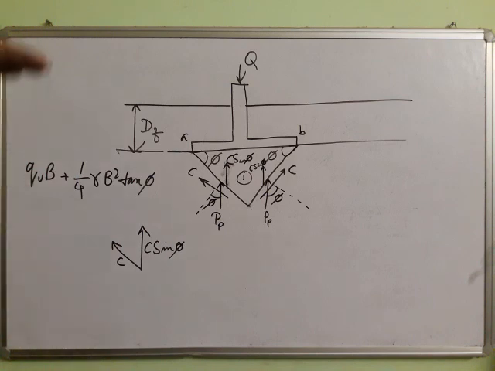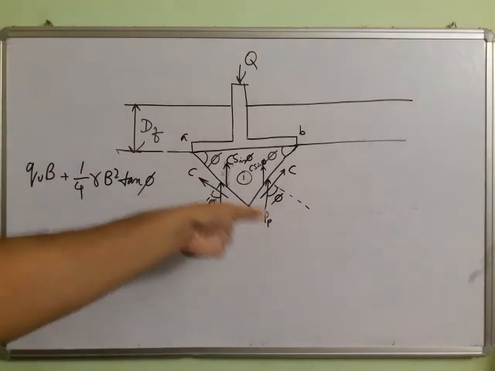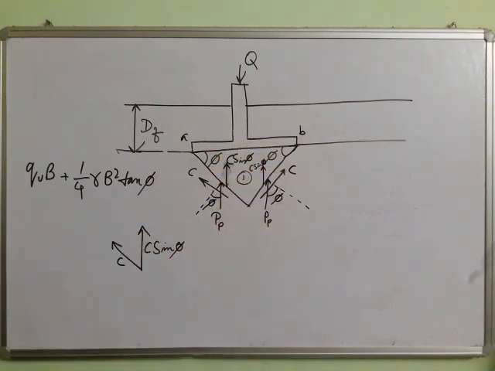So the vertical force going down is this one, and the vertical force going up will be PP and C sin phi. Now if we balance it, since it is the limiting equilibrium condition, let us write down the equation.